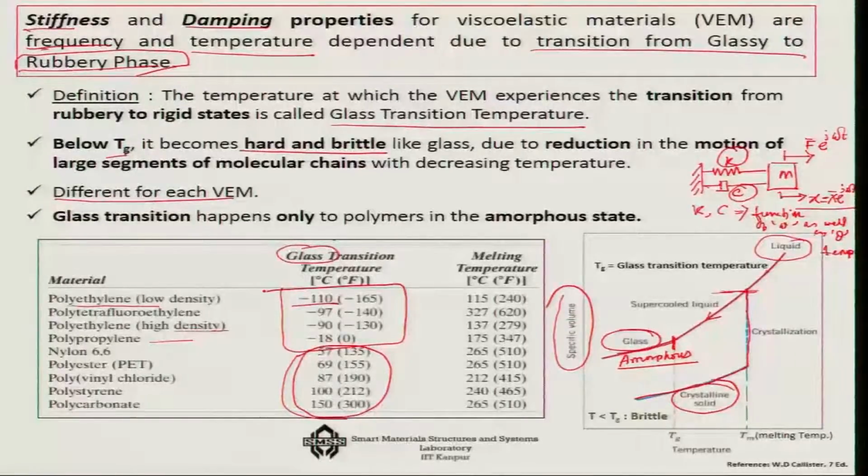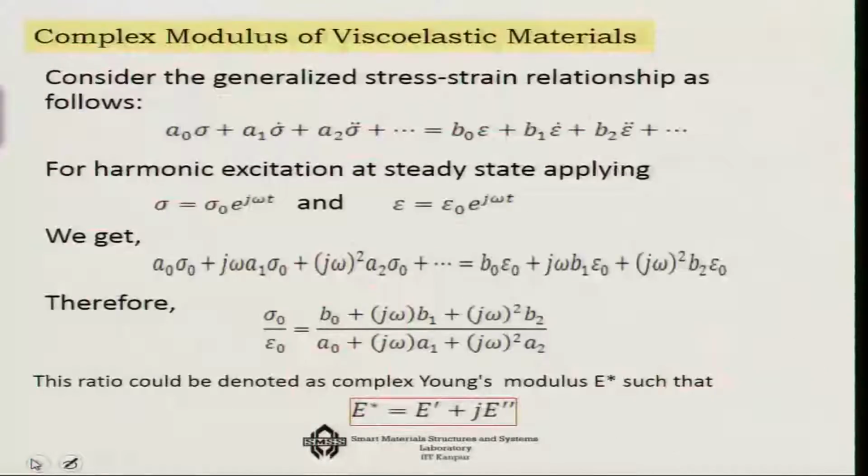This is different for each viscoelastic material, and the glass transition happens only to polymers in the amorphous state. So, the question now is: how can we define the modulus of elasticity of a material, because it is undergoing such a change?